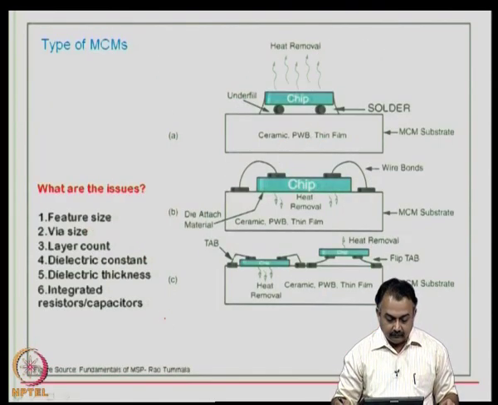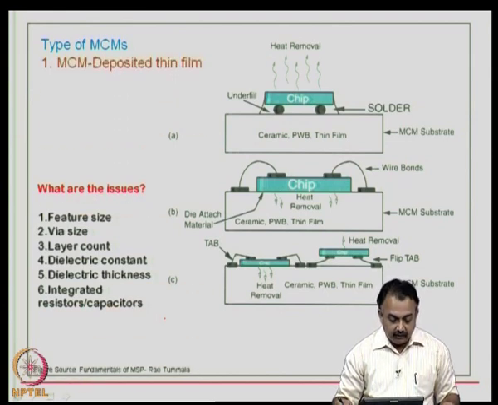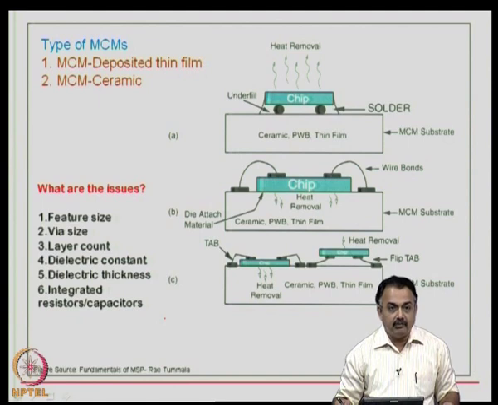Now, what are the types of multi-chip modules that we can look at? The first thing is known as MCM-D. MCM-D stands for deposited thin film structure. The second one is MCM ceramic, which means that the MCM is built on a ceramic substrate.